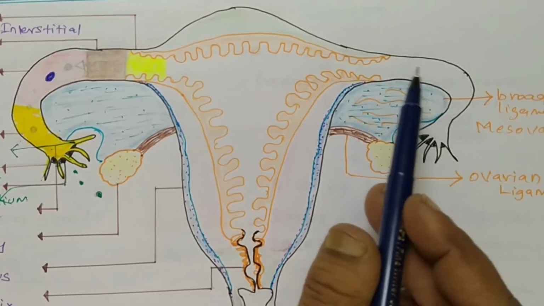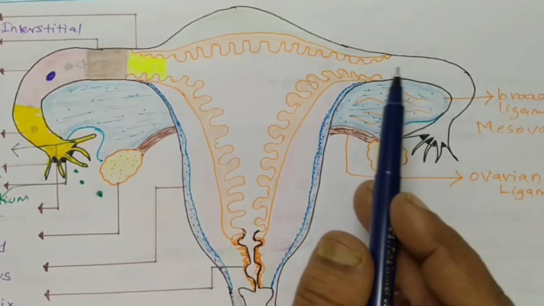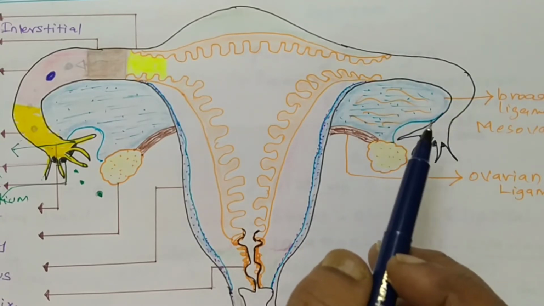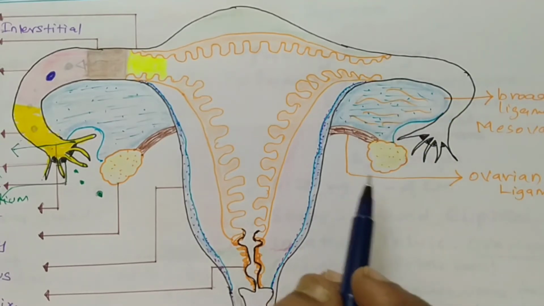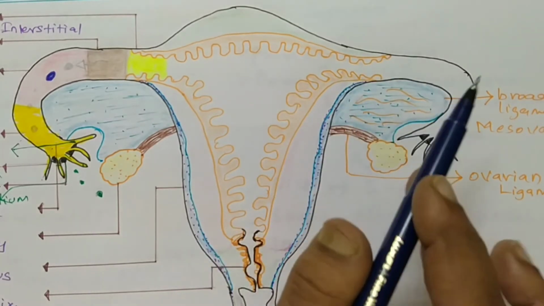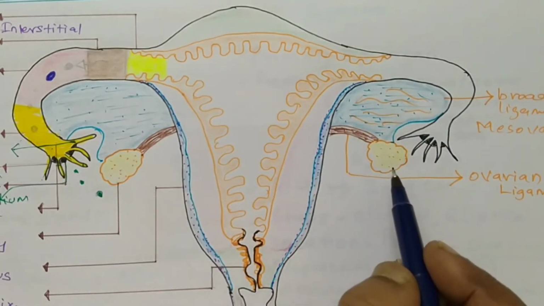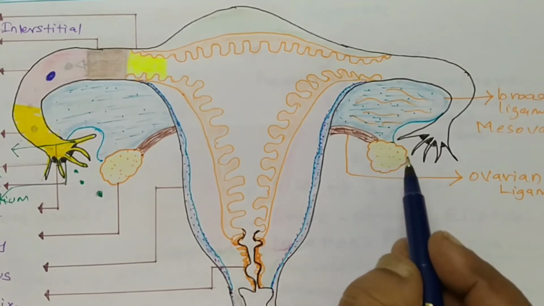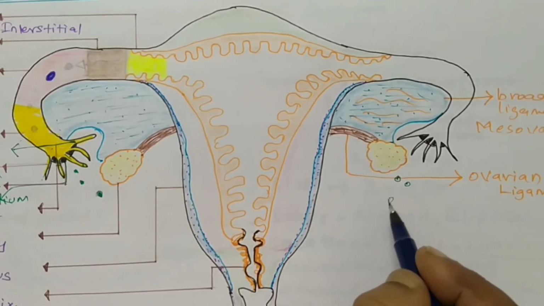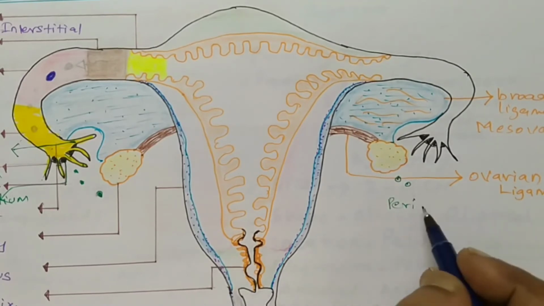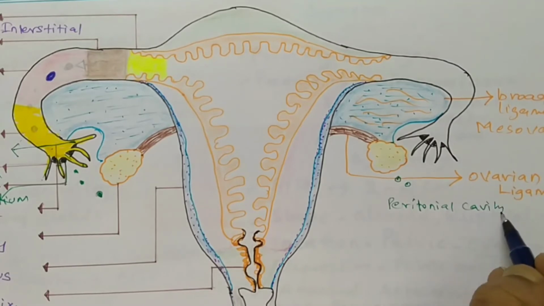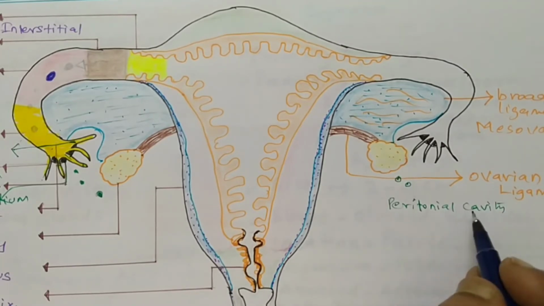The fallopian tube is an accessory duct or accessory sex organ in the female. The meaning of accessory duct is that it transfers the egg from the ovary to the uterus. That's why it is named an accessory duct. During ovulation, the ovary releases the egg into the peritoneal cavity, or coelomic cavity.